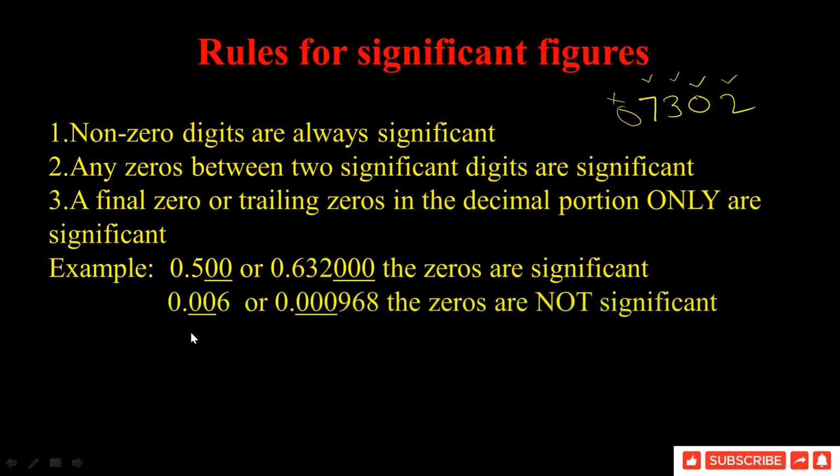But if you have 0.006 then you do not add these zeros which are coming before 6 and before 9. We do not consider them as significant figures. So for this number, significant figure starts from 6, and for this number, significant starts from 9.